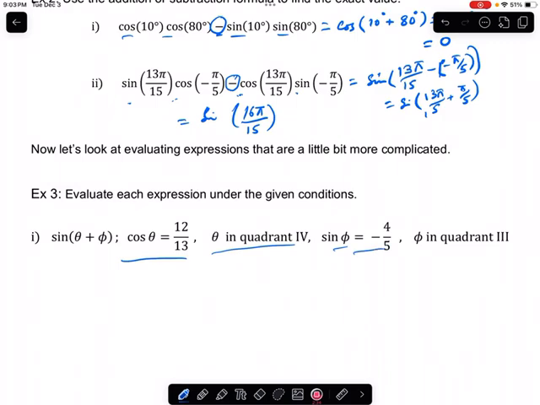We are given information about that, and also in which quadrant each angle is situated. So we have a trig ratio for both of them, and the quadrant in which they exist. This is like work we have done before, and a problem similar to this could be on the exam.